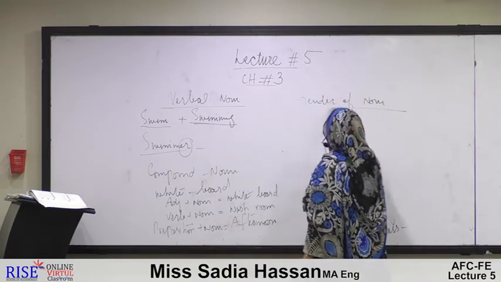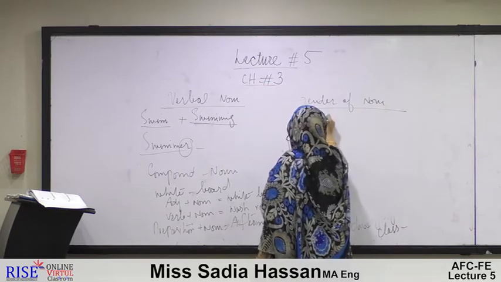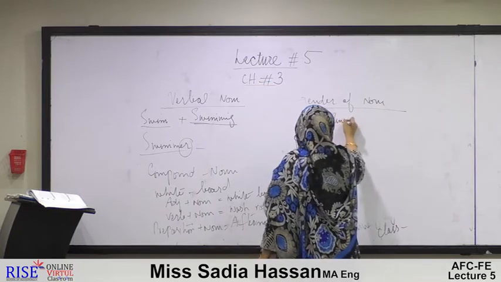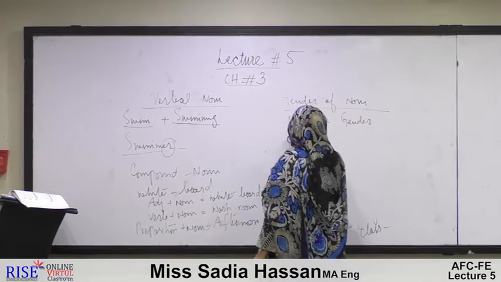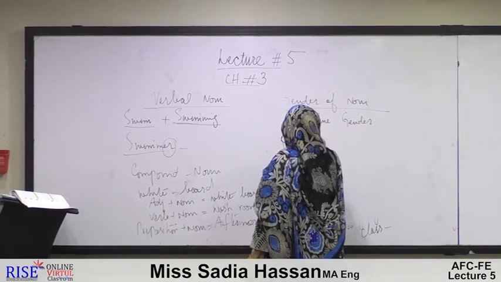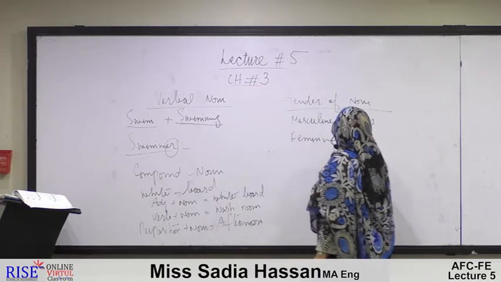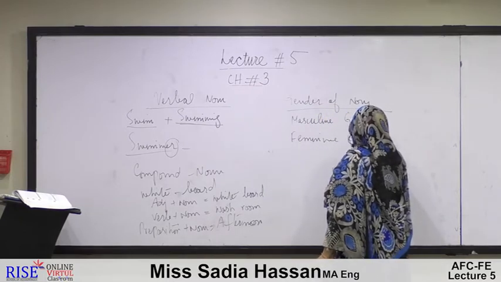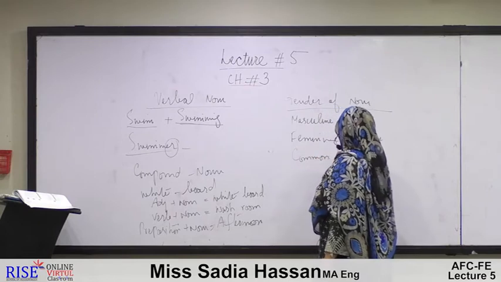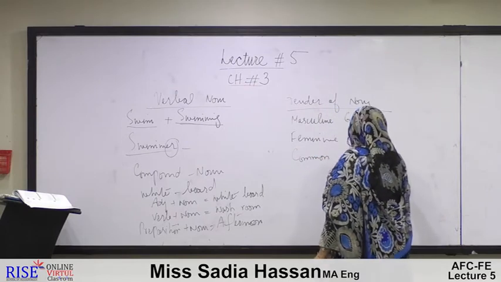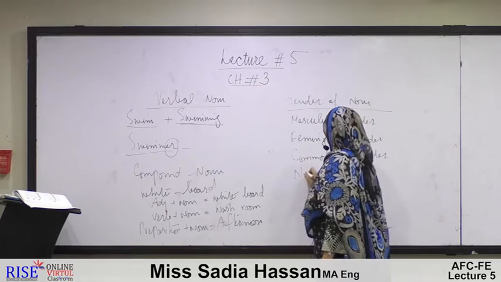The first one is called masculine gender. Feminine gender. Common gender. And neuter gender.